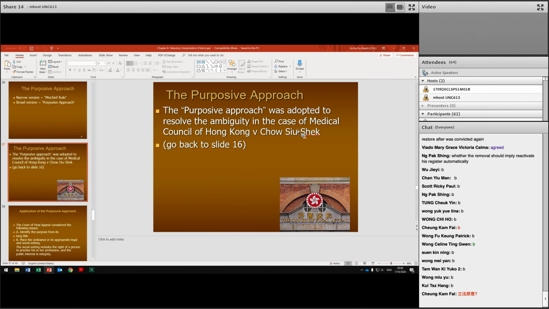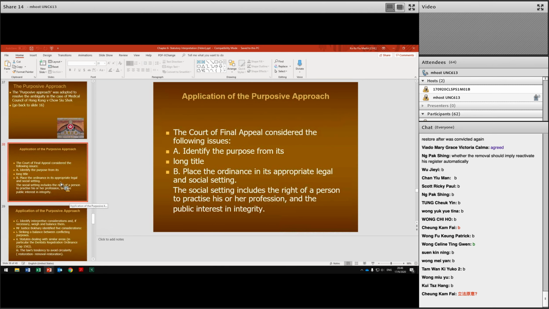So the purposive approach was adopted to resolve the ambiguity in the case of Medical Council of Hong Kong and Charles Hsu said. So in this case, the Court of Final Appeal, the CFA, considered the following issues. The first one is the court identifies the purpose from its long title.